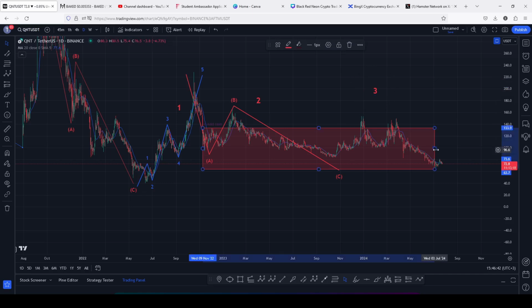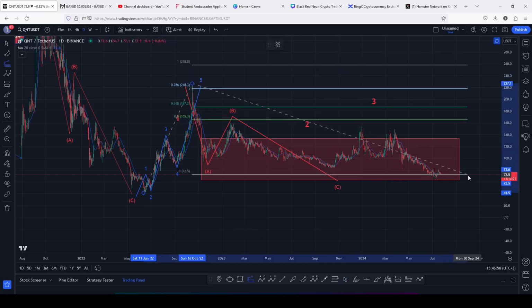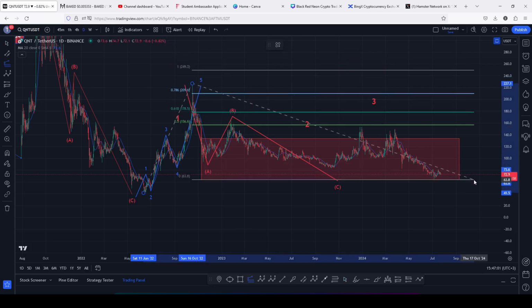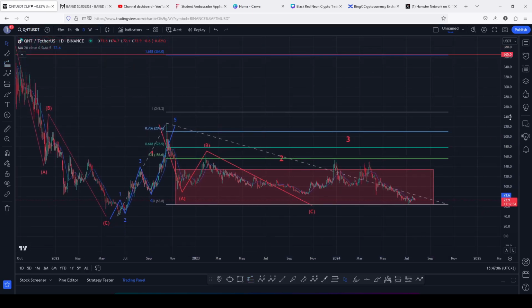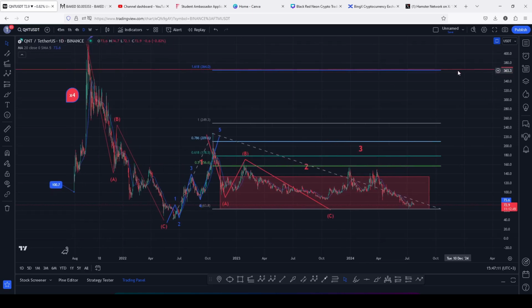And assuming that we have a low in place in this larger Elliott wave count 2, since we have fully maximized the minimum target areas, then using the trend-based Fibonacci, connecting it from the bear market lows to the high that we made above the $229, then dragging the fibs to the low that we have at the moment below the $63, we can get a minimum target area for that larger Elliott wave count 3 at the fib level 1.618, which perfectly lies above the $364.